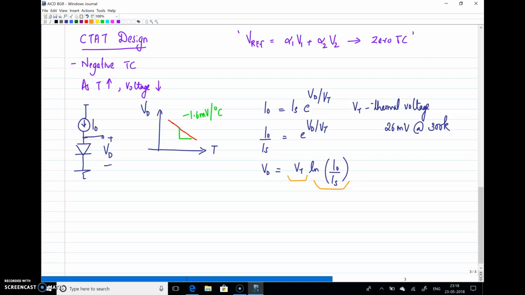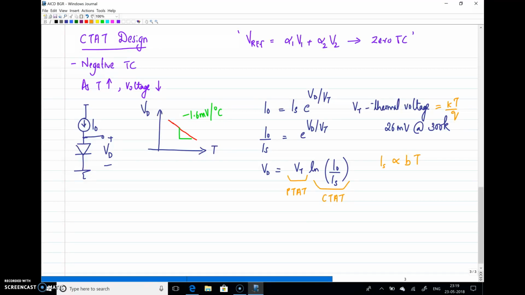If you remember Is from your semiconductor device physics classes, Is is proportional to some constant into T. If you carefully look at that, you'll get the exact relation. Since Is is in the denominator, the second term will show a complementary to absolute temperature behavior. But the first term Vt, which is kT by q, shows a proportional to absolute temperature behavior.